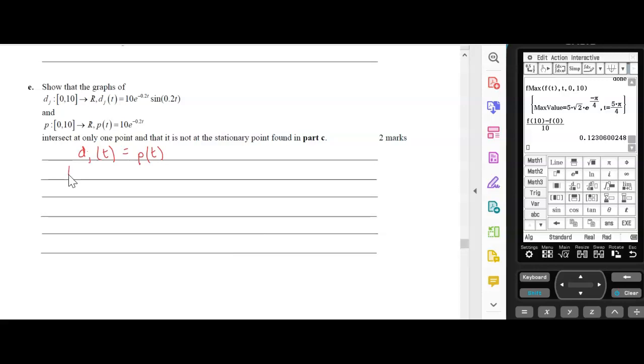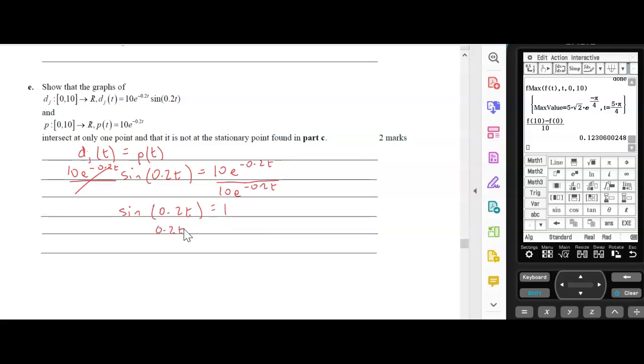So I'm going to write dt, 10e negative 0.2t sine 0.2t, and pt, 10e negative 0.2t. All right, so if I wanted to get rid of this, I can divide both sides by that, so that cancels, and then when we divide by this, it's going to equal 1. And then we can just solve for t.